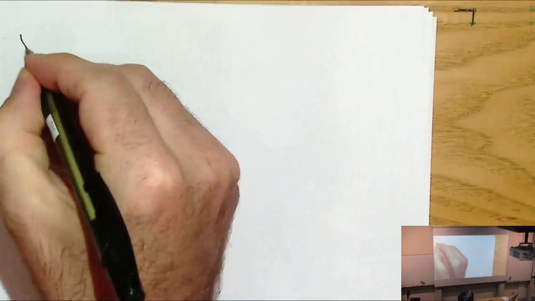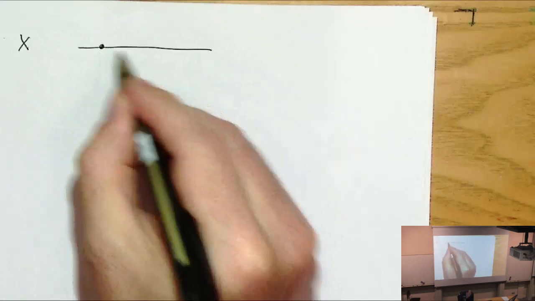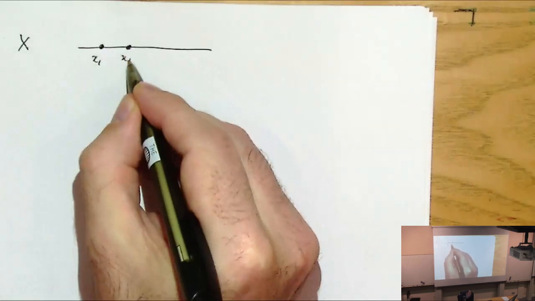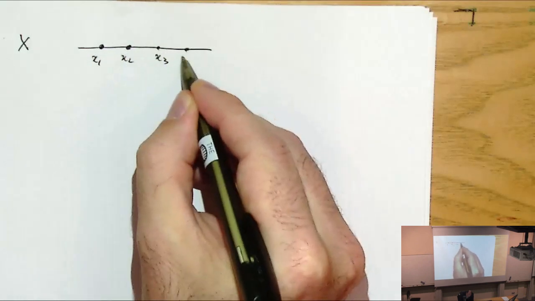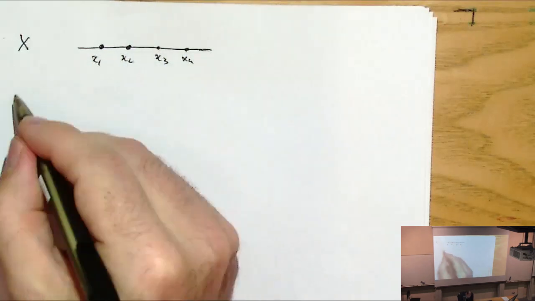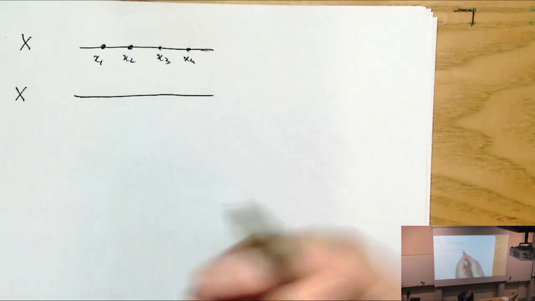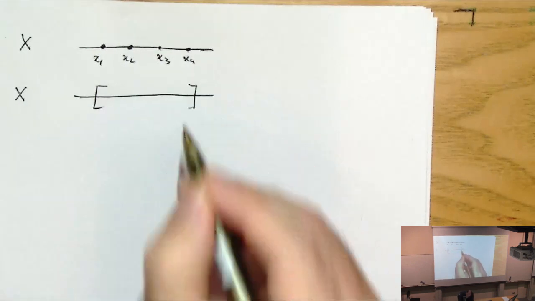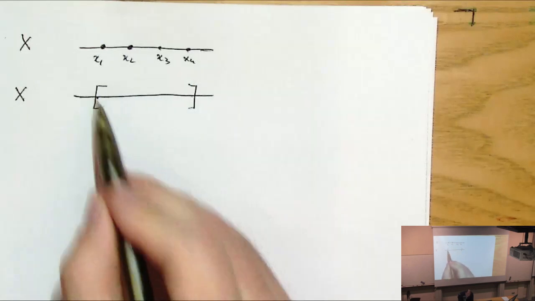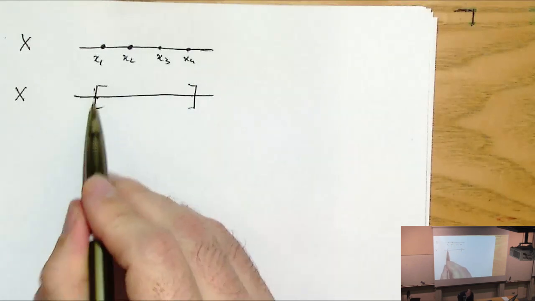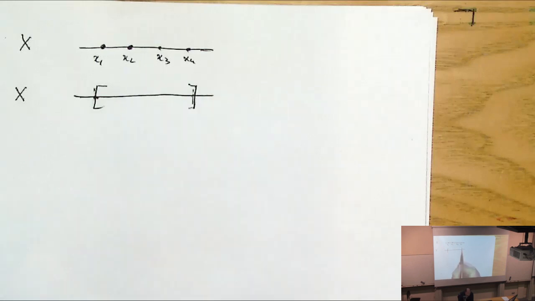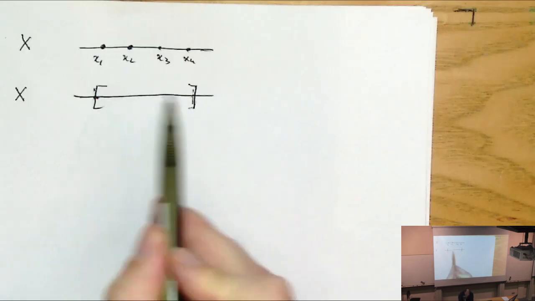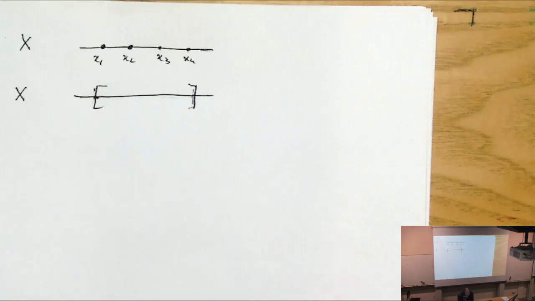Well, in the discrete one, we were looking at my random variable x taking some values x1, x2, x3, x4, and so on. What I will look at now is the case where this random variable can take, for instance, any value on this real axis between a certain boundary here and a certain boundary there. So it can take any value on this continuum on this real axis.